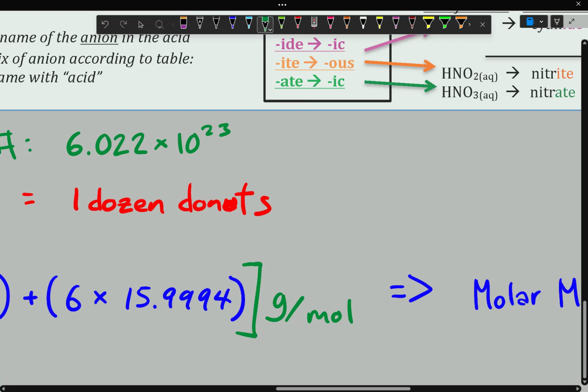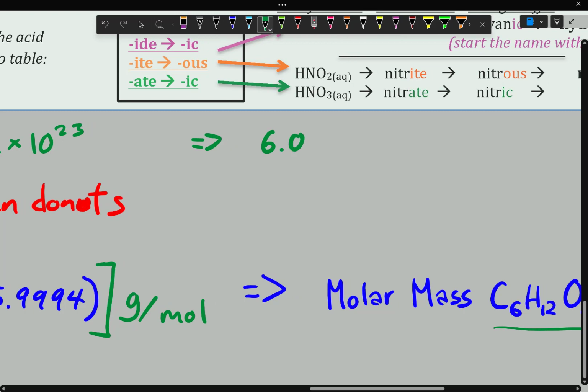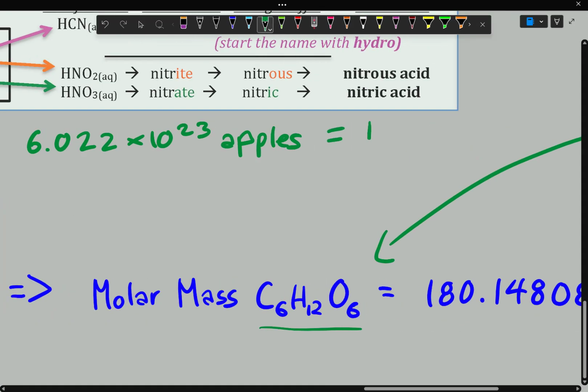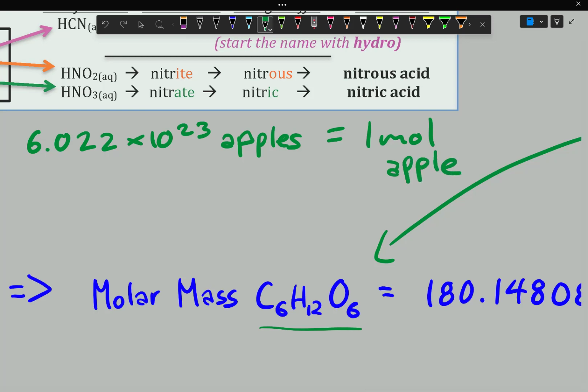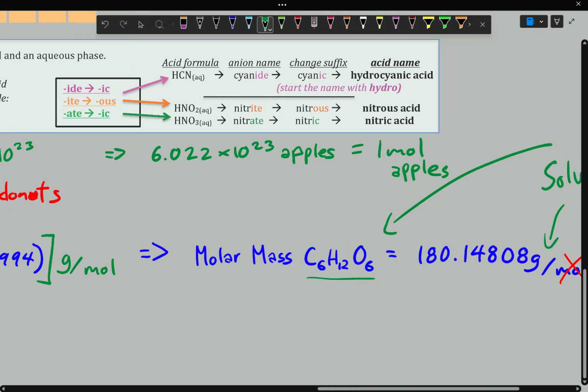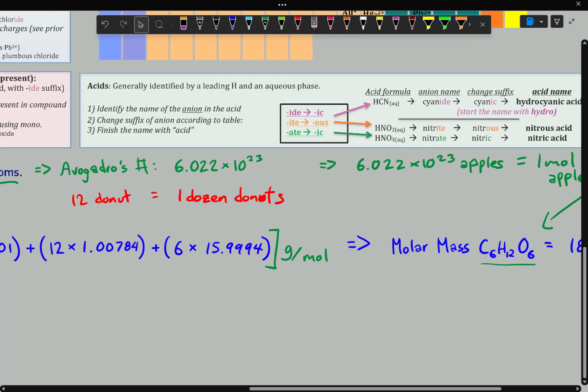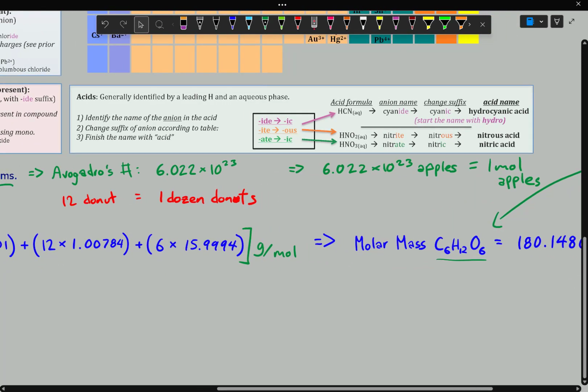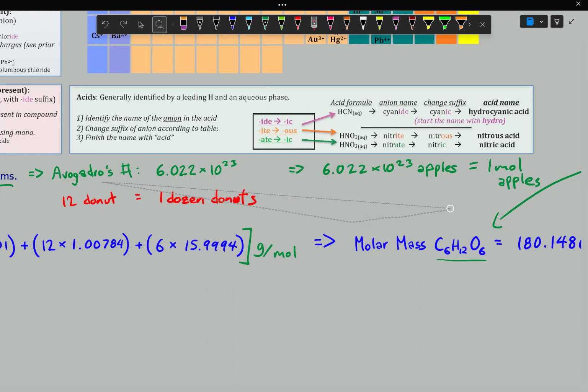With the same logic, if we have 6.022 times 10 to the 22nd apples, we have 1 mole of apples. It's the same thing. A mole works the same way as a dozen does. It's the same concept.